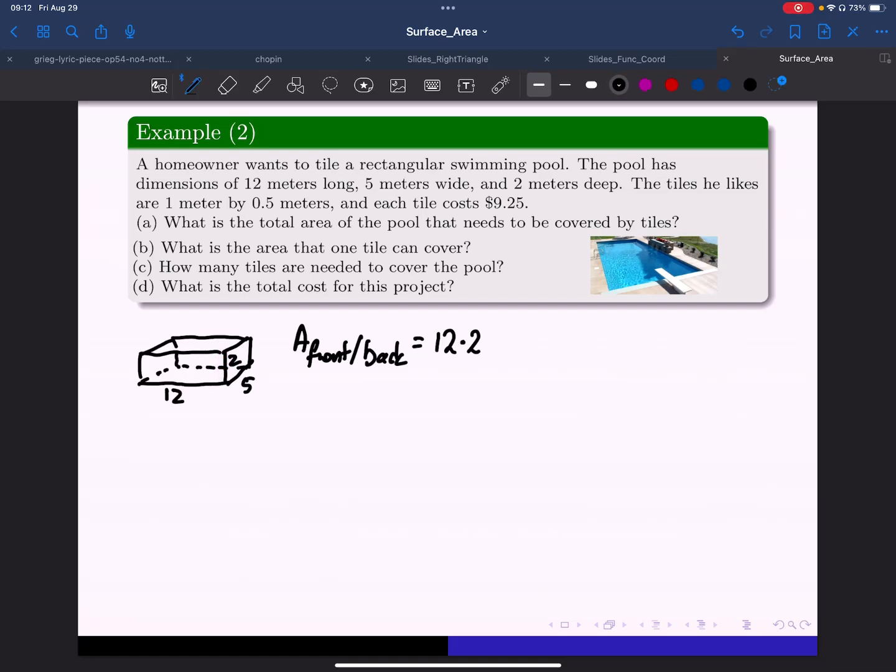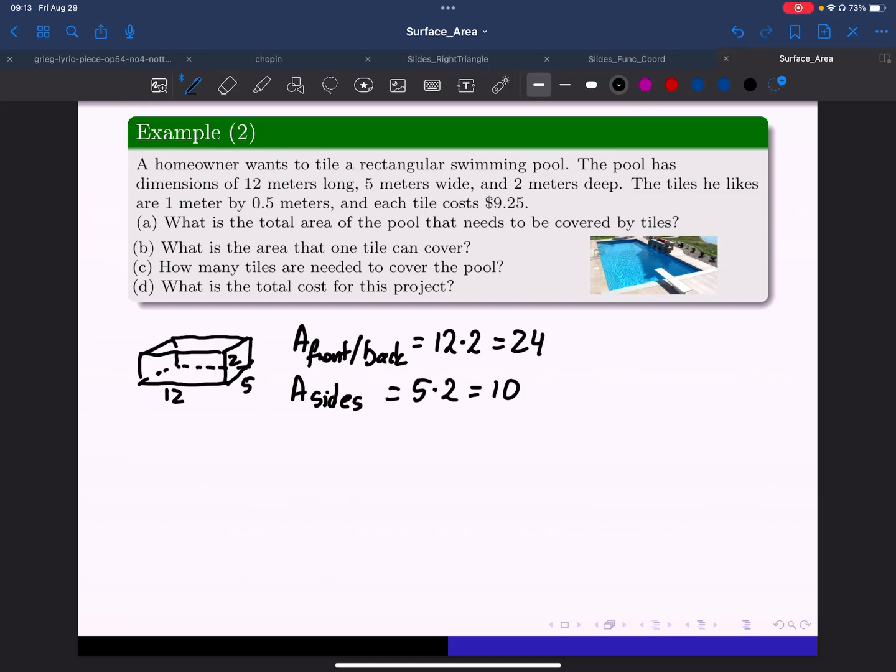So that area is equal to 24. Now the area of the sides is going to be equal to length times width. So this width is exactly the same as this width here. So the length times width, we are having 5 times 2. So this area is 10.